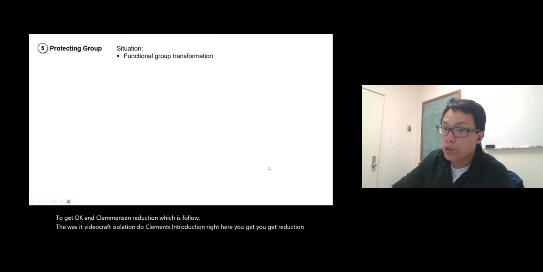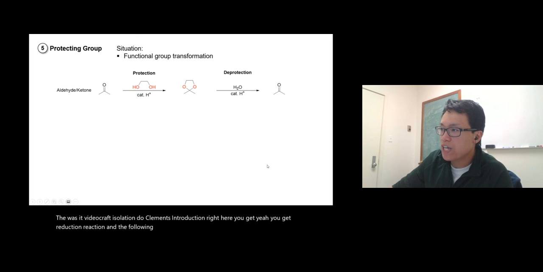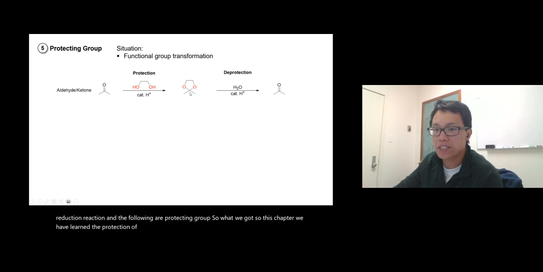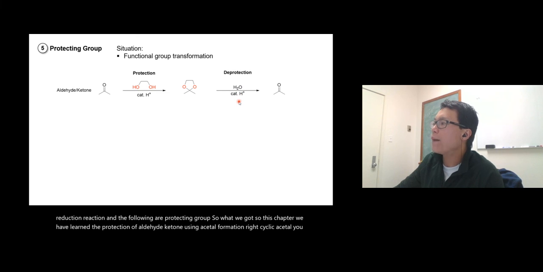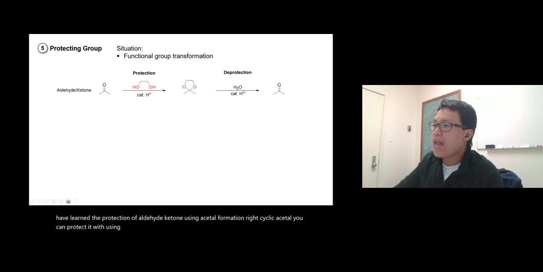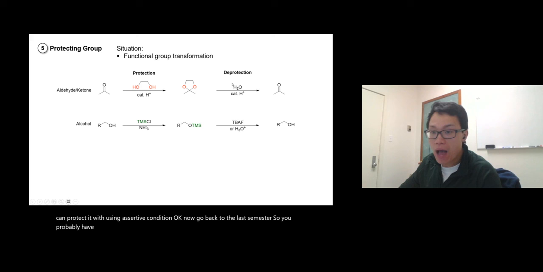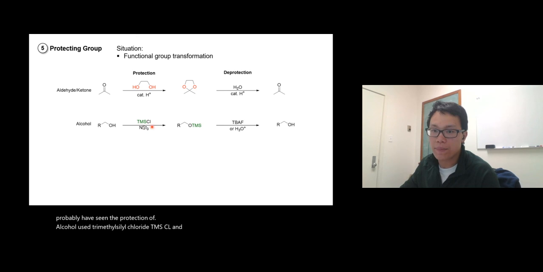And the following are protecting groups. In this chapter we have learned the protection of aldehyde and ketone using acetal formation, cyclic acetal, which can be removed using acidic condition. Now go back to last semester. You have probably seen the protection of alcohol using trimethylsilyl chloride, TMSCl, with pyridine or triethylamine as a base.